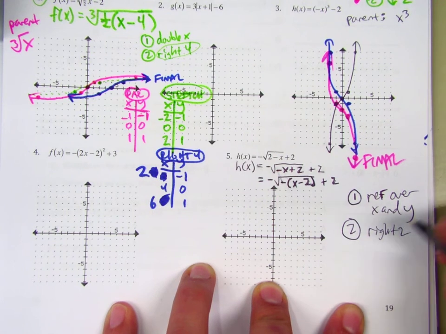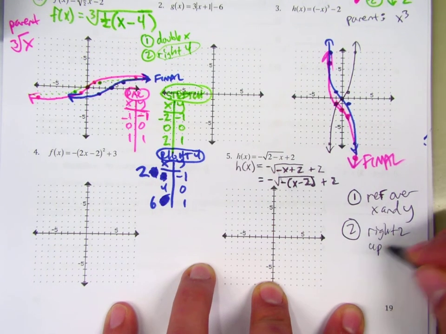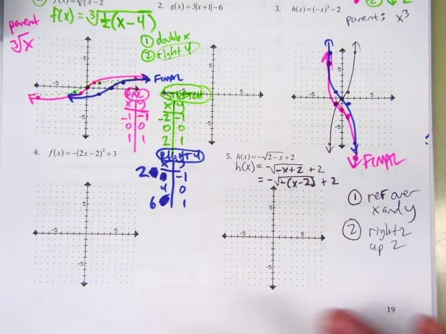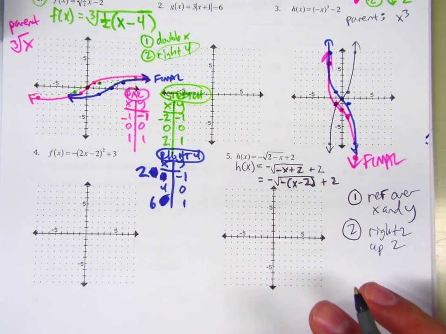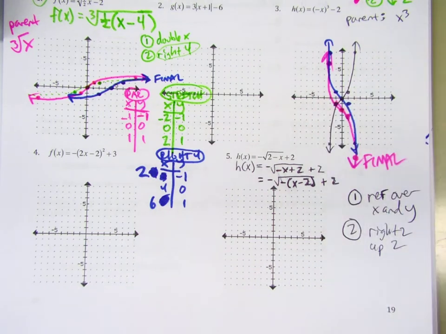And this plus 2 on the outside moves it up 2. Okay, let me make sure there are no questions so far. Okay, writing out all these details is going to help you make sure that you have a nice graph at the end. Okay, yeah. So when the number is outside the parentheses, it's up or down. Up or down. Yes. Inside it's left or right. Yes.